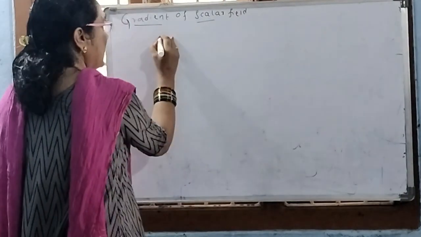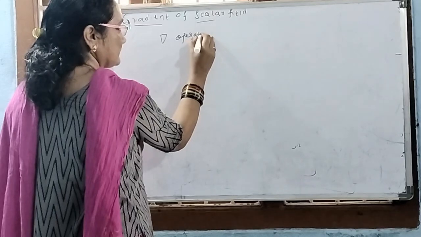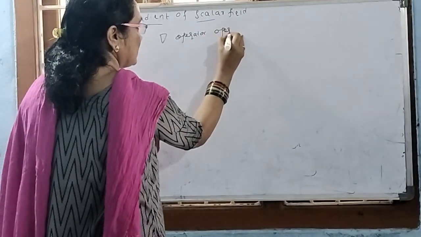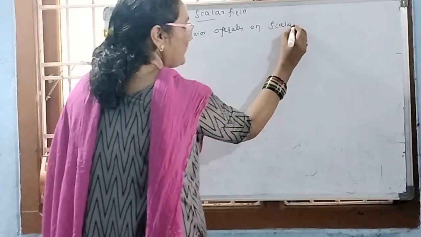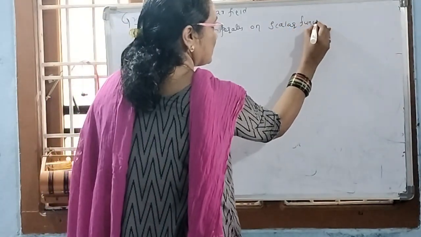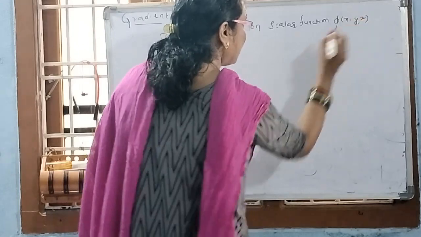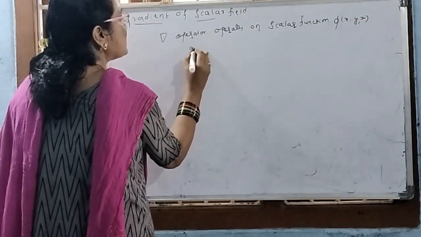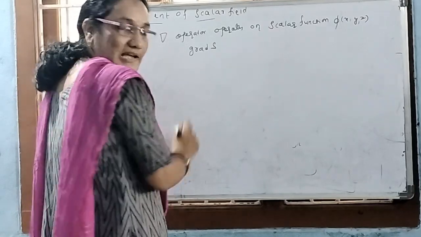When the del operator operates on a scalar function phi(x, y, z), then we call it the gradient of the scalar field, right?